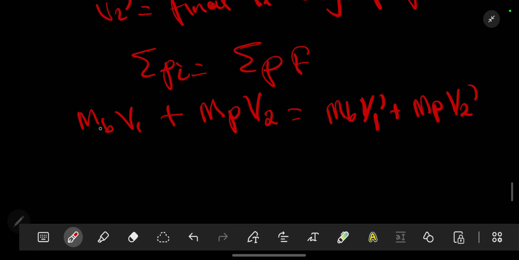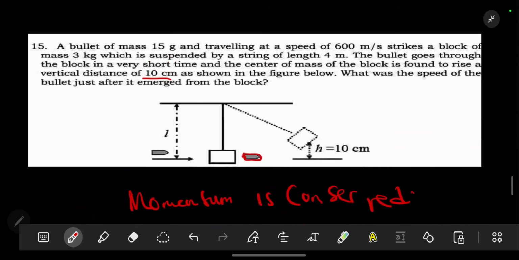So we are going to have the mass of the bullet as 15 grams, divided by 1000, multiplied by the 1 kg.